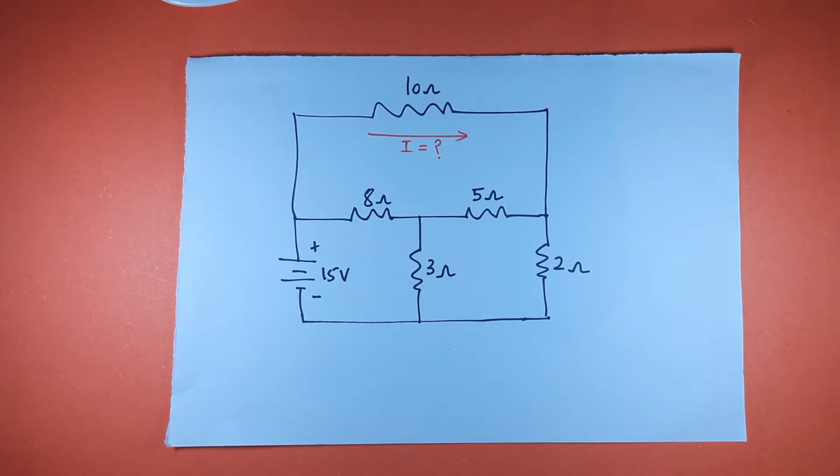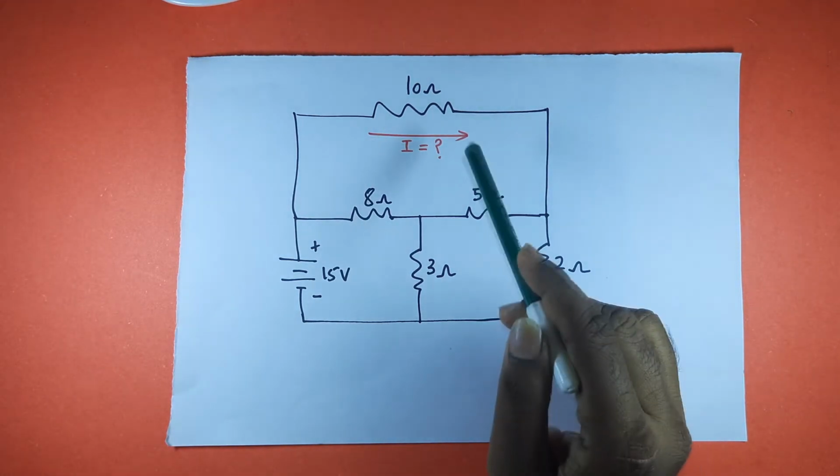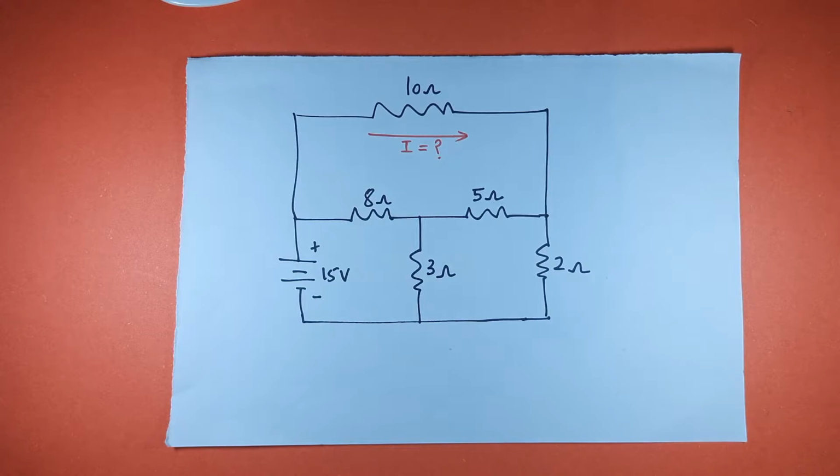I have a number of resistors and one voltage source. Your job is to find the current flowing through the 10 ohm resistor. What is the current flowing through the 10 ohm resistor, right?